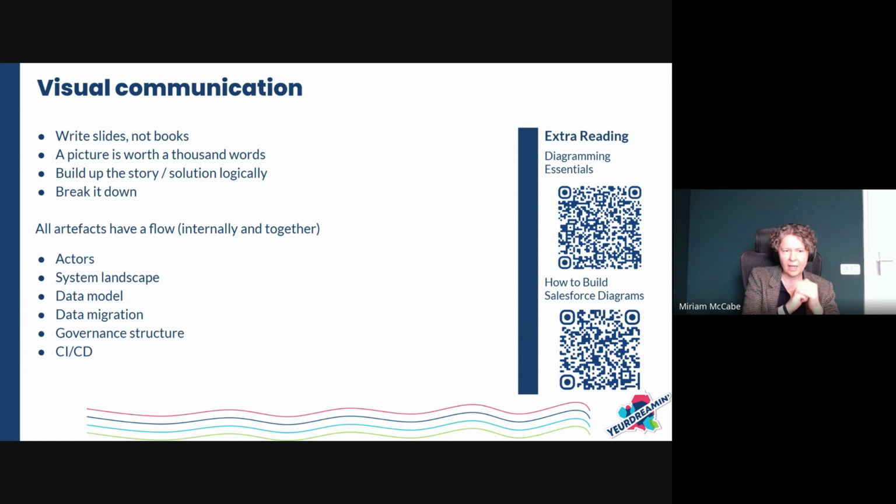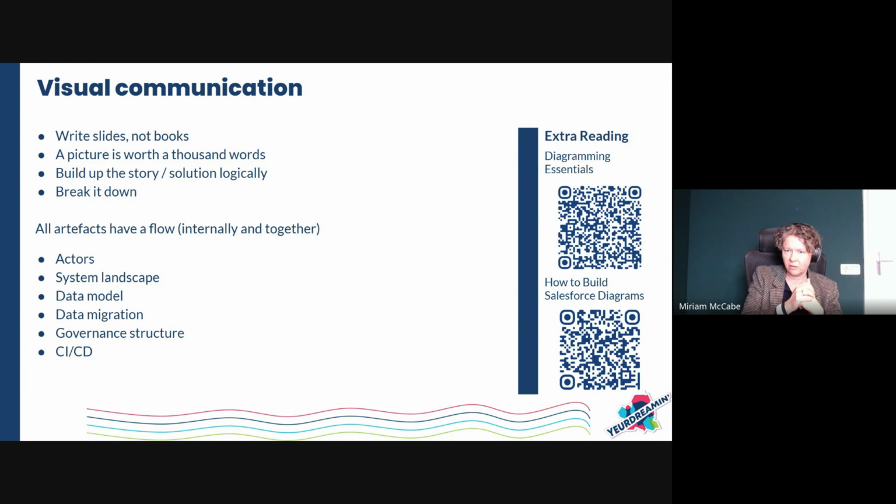And also a good visual needs to be logical, right? Even a visual should almost have a storyline or a flow, right? That's what we're trying to say here when saying all the artifacts have a flow internally and together. So break it down, explain the flow of the story, and then also explain how the visual reflects it.